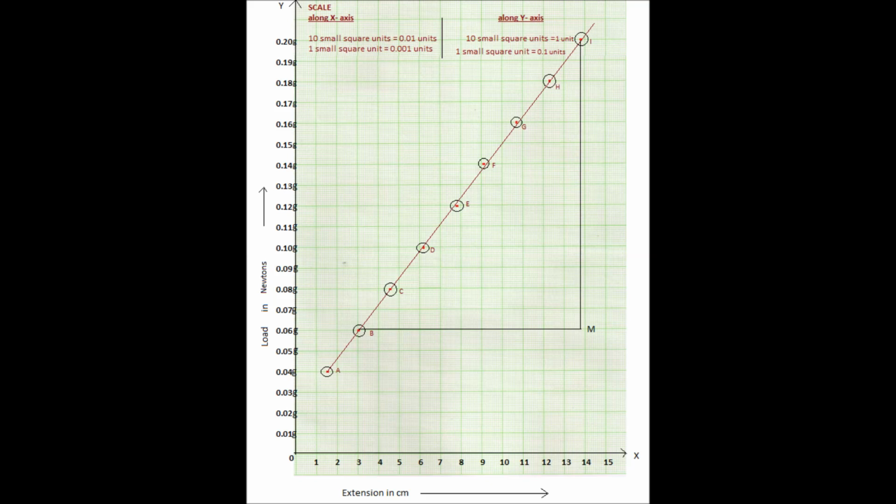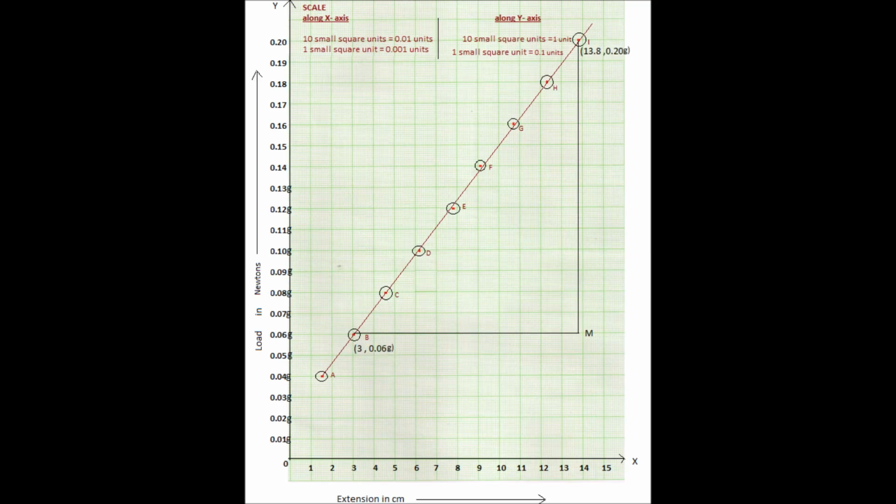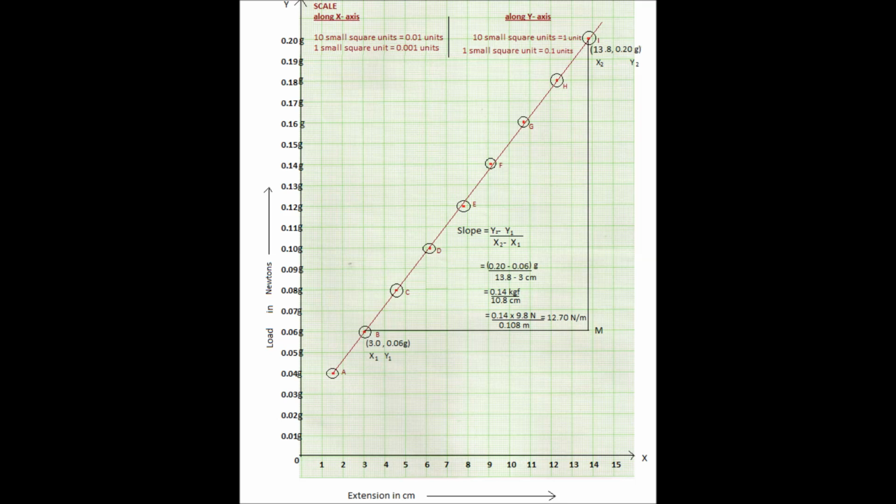We will substitute the value of g in the end and it becomes easy for us to do the calculations. Now just mark the selected points as x1, y1 and x2, y2. The slope of this curve gives you the value of spring constant. So here you find out the value for spring constant.